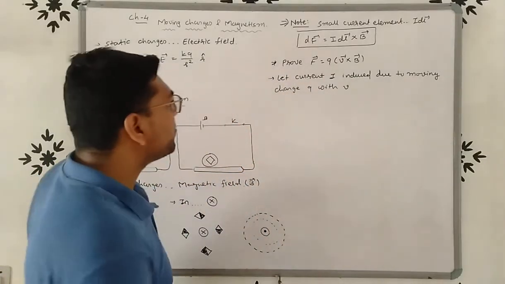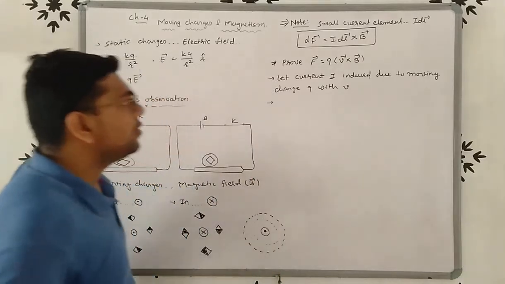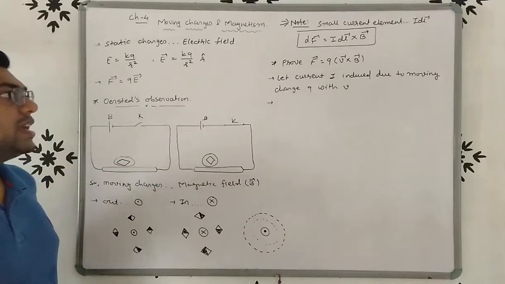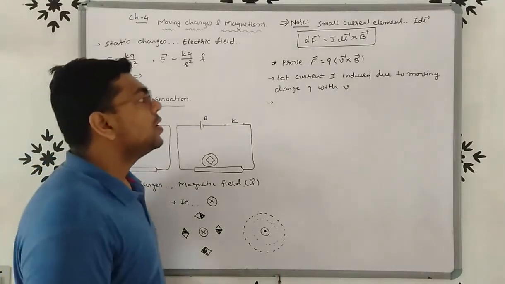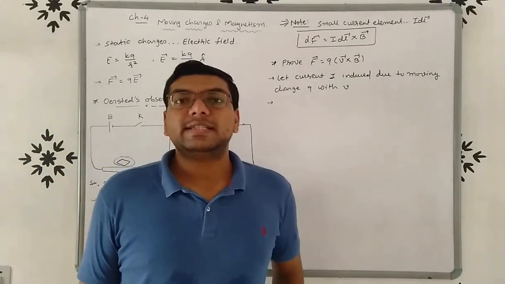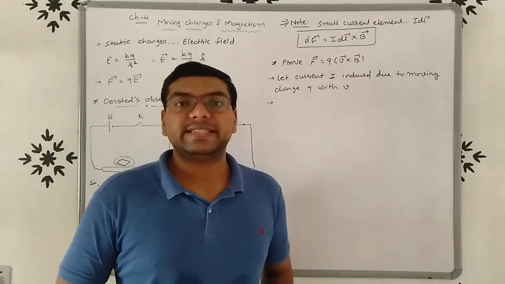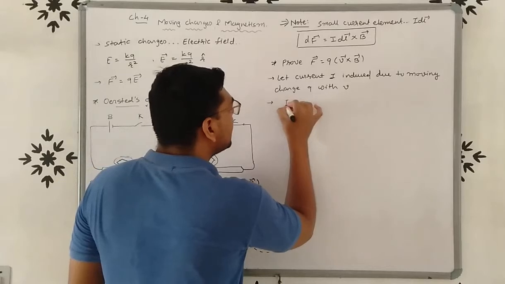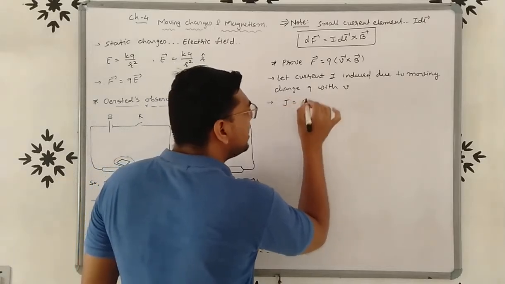Right. Now we have to prove the formula of force F is equal to Q into V cross B. Right. So we already discussed current density in chapter number 3, and we know that J is equal to NeVd.